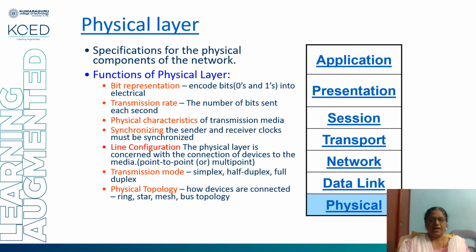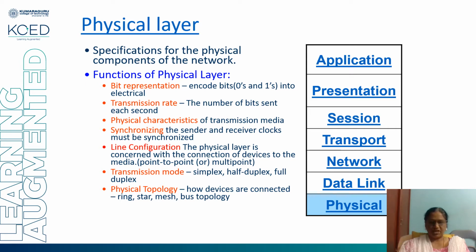In physical layer, the important functions are bit representation and encoding. For example, the bit 1 could be encoded as -5 to +5 voltage, or it could be represented as -5 to 0 and 0 to 5, depends upon the encoding technique.